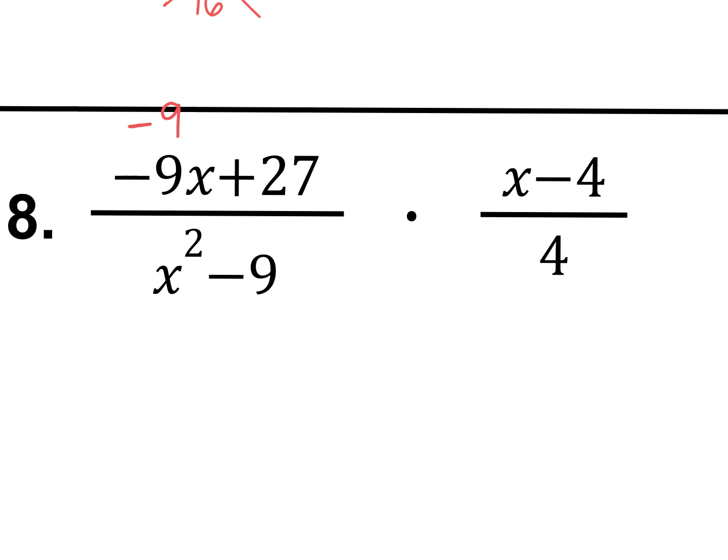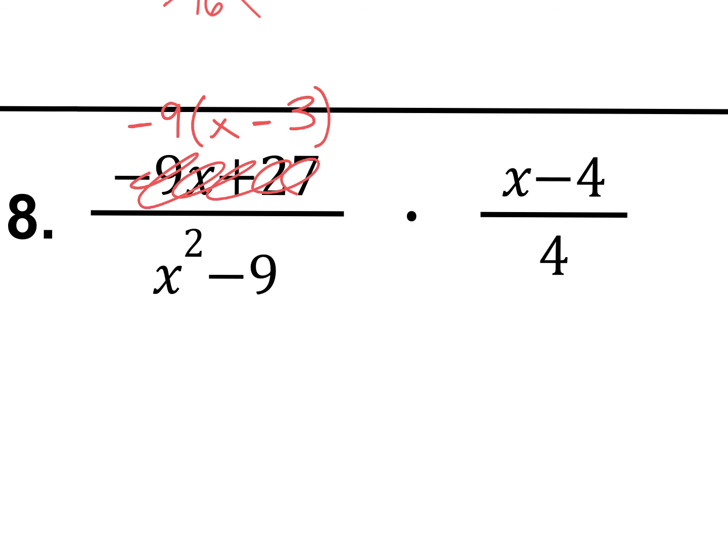So if that first term says a negative 9x, I know that my GCF needs to have a negative in front of it. So they both have a 9, I'm going to take out a negative 9. So when I do that, what's going to be left? X, what'd you say? Plus 3 or minus 3? Minus 3, because 27 divided by negative 9 is a negative 3. Good.